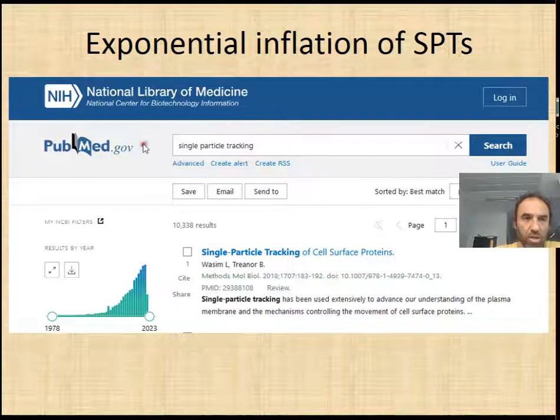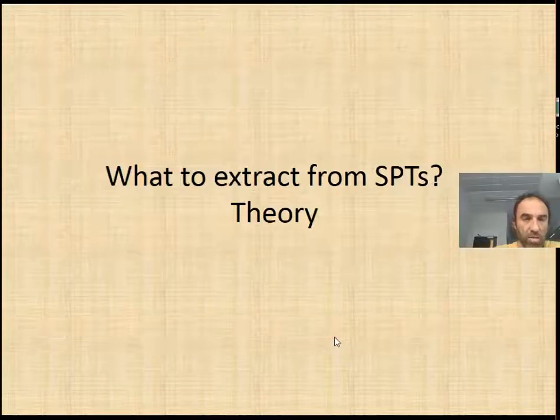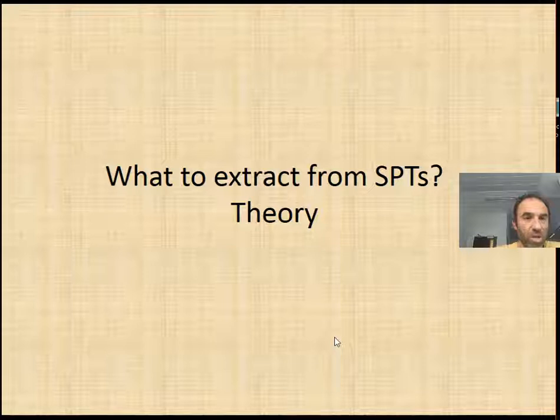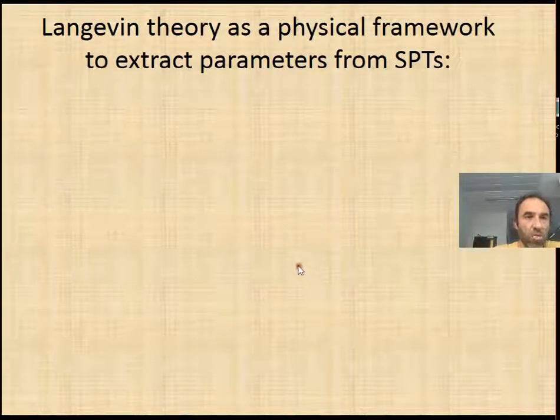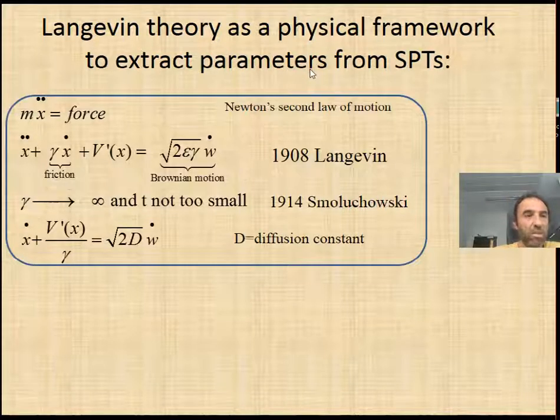Over the last 10 years and more, there has been an increasing number of works based on single particle tracking, showing the need of having software and methods to analyze them. So what to extract from these single particle trajectories? We can use the Langevin theory as a physical framework to extract these parameters.